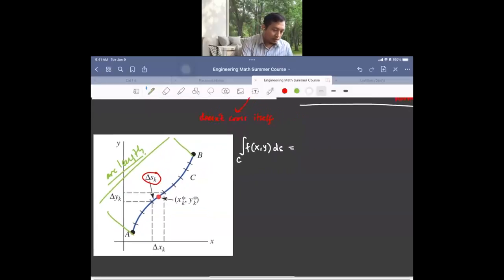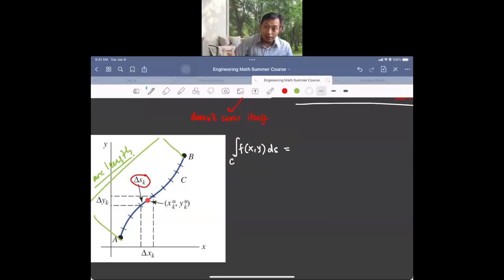So basically, we cut this curve into some small arc lengths. Then we take the limit as p goes to 0, or n goes to infinity if you want to use n.